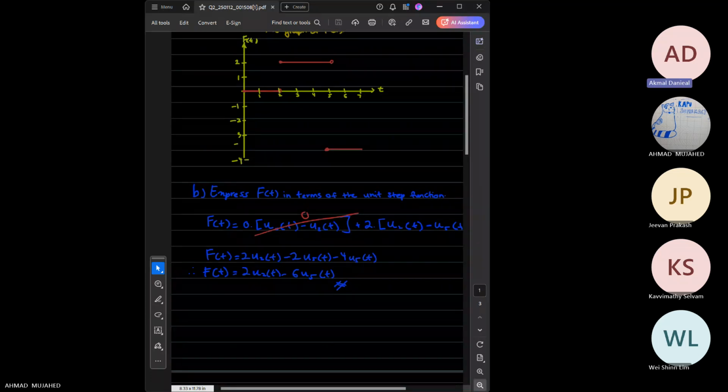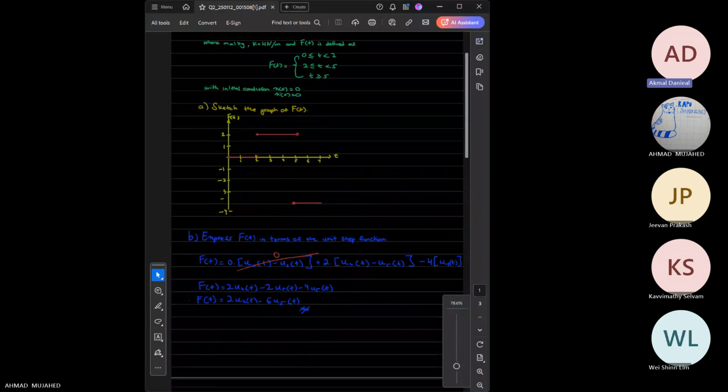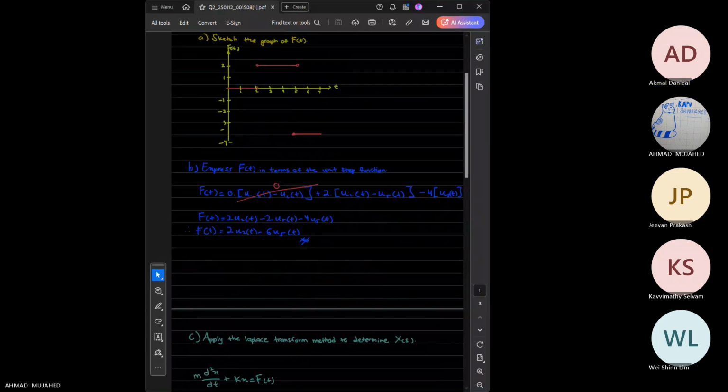So B mentions to express f(t) in terms of the unit step function. Using the formula, f(t) = 0 times (u0(t) minus u2(t)) plus 2 times (u2(t) minus u5(t)) plus negative 4 multiplied with u5(t).